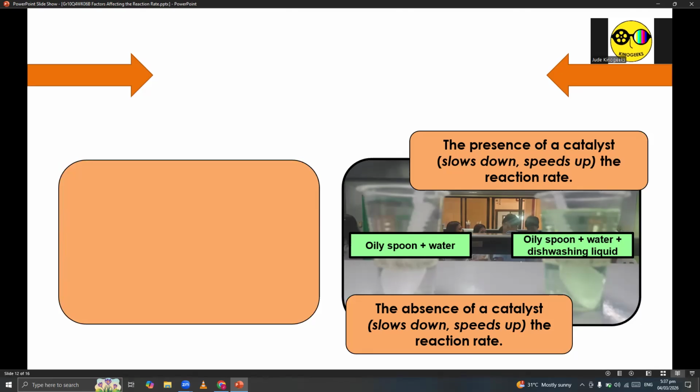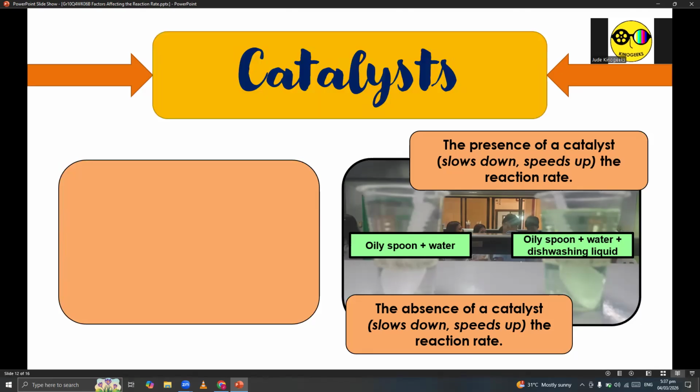And in this case, the dishwashing liquid itself acts as a catalyst, no? So as a catalyst, its main goal is to accelerate the reaction rate without being consumed in the process. And what's unique about dishwashing liquid is it has hydrophobic and hydrophilic portions. Some of its portions will stick to the oil part of the spoon, while its other portion will mix with water.